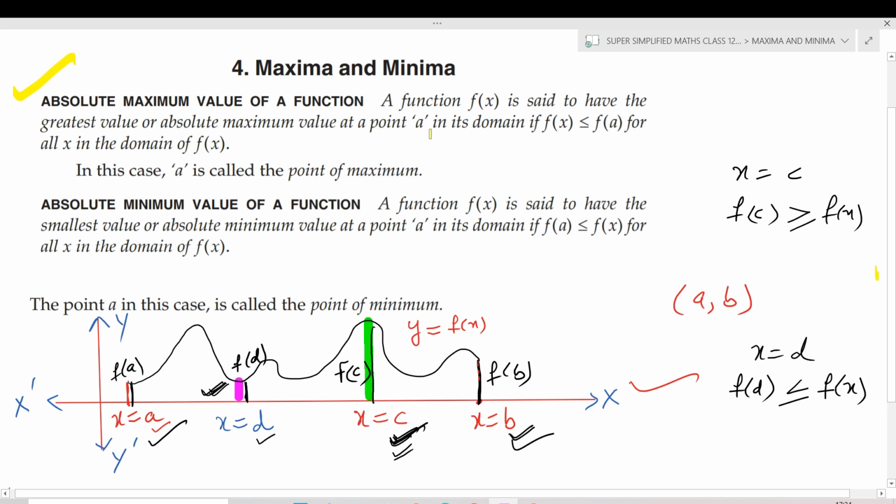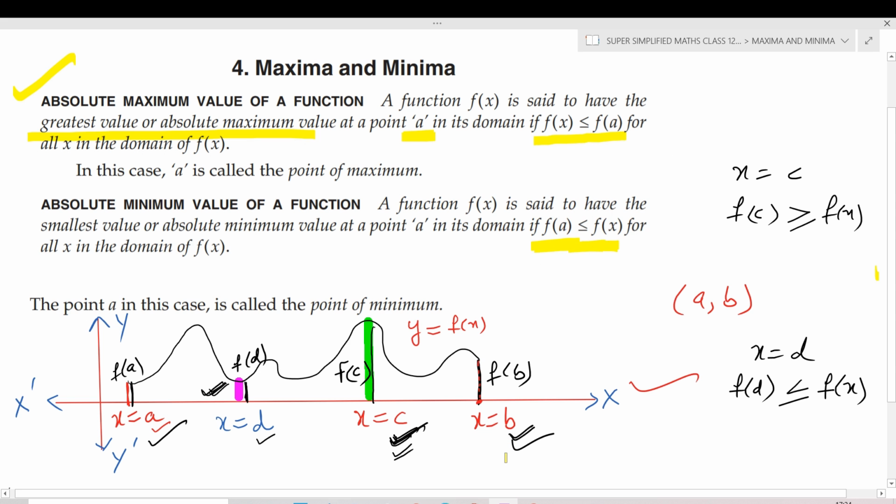A function f(x) is said to have greatest value or absolute maximum value at a point a or any other point, either a or c, it can be any point lying in its domain, if the value of the function at that point is more than the value of the function at any other point. Similarly, any point in the domain of the function will be called the point of absolute minima if the value of the function at that point is less than or equal to the value of the function at any other point.